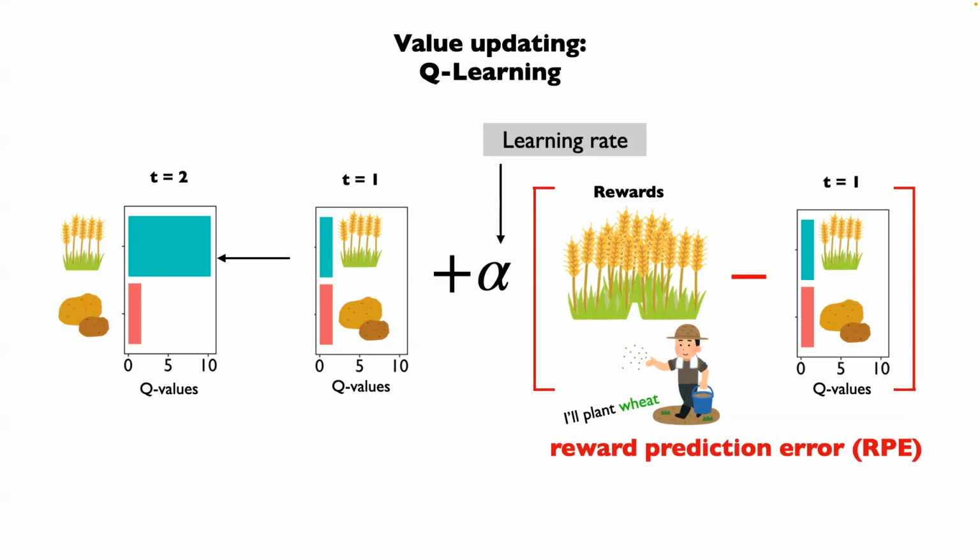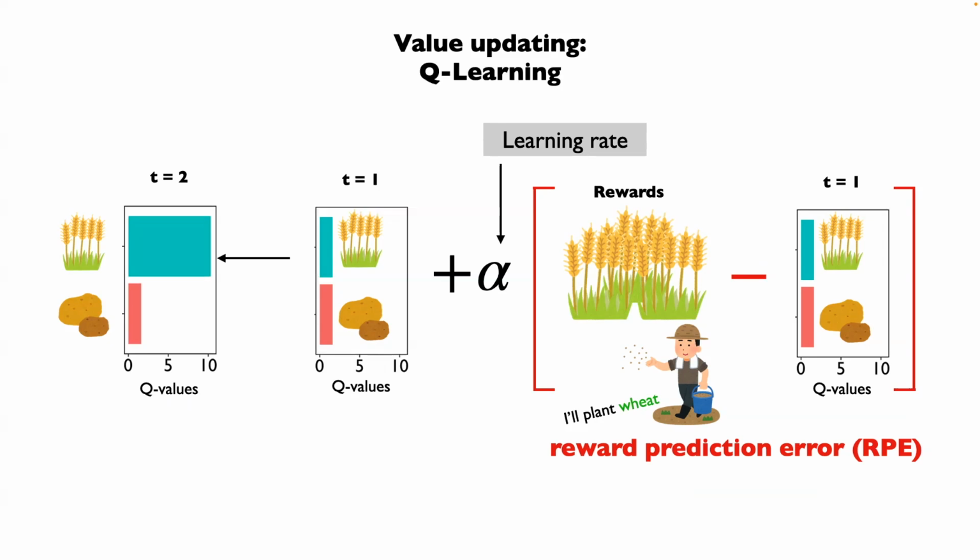Also, I need to note that the potato value doesn't change in this case at all. But this is already an assumption we made. You can also think about what if the potato value can also change somehow. This is actually up to the modeler. In theory, it's possible that the potato value is also changing, especially when you haven't planted potato for ages, and you don't remember how much crop you got from potato 20 years ago.